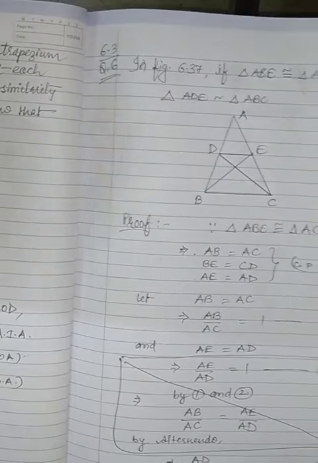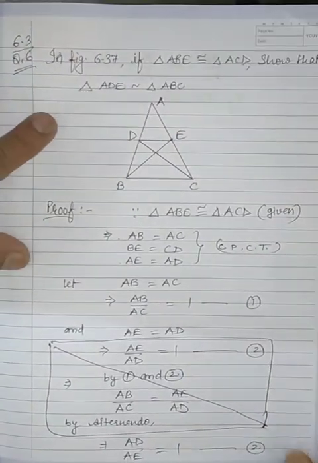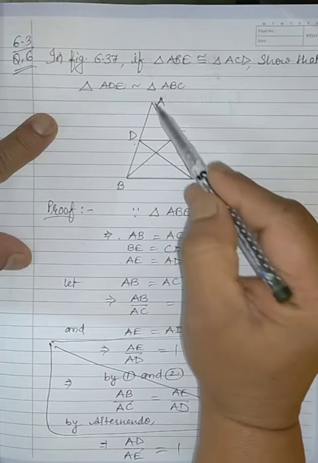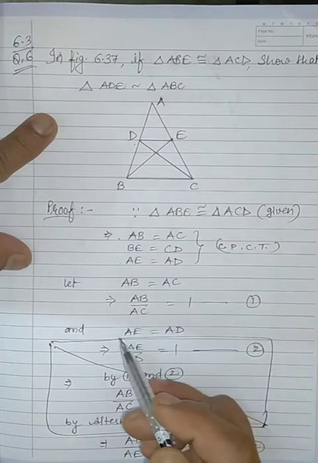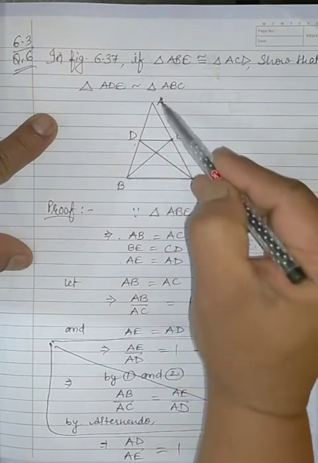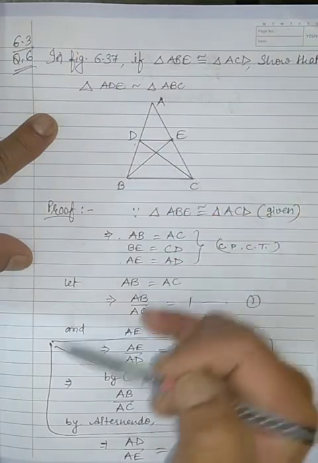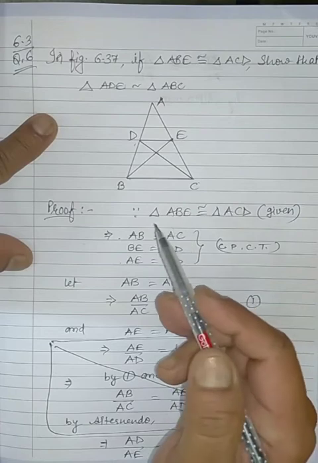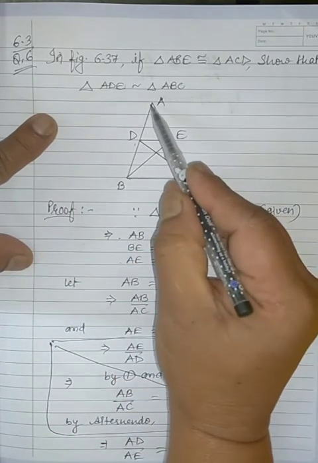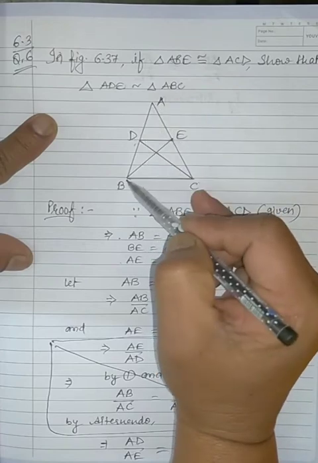Why am I doing this? Because we have to take the ratio of sides of triangle ADE and triangle ABC. Just now we have got the simplest ratio, AB upon AC is equal to AD upon AE. By alternando, we will change the ratio, so it will be the ratio of a side of one triangle to the other triangle's side.